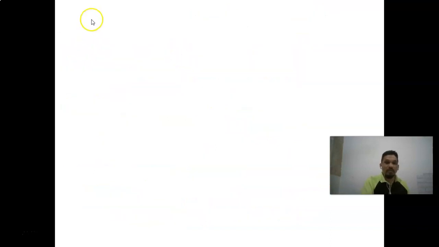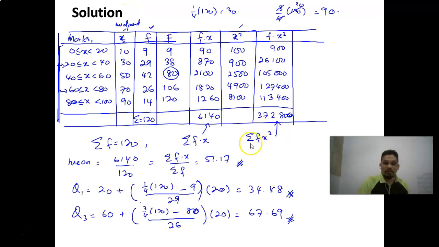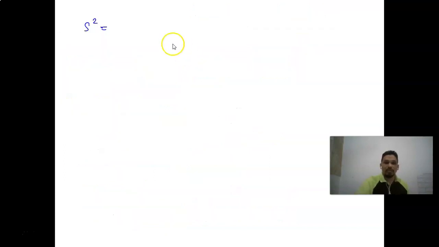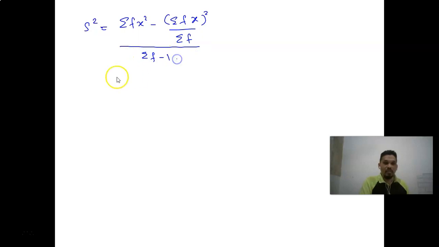The solution of this variance equal to summation of fx squared minus (summation of fx) squared divided by summation of f, and everything divided by summation of f minus 1.